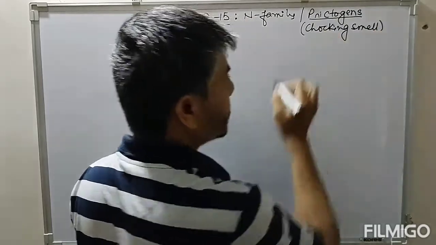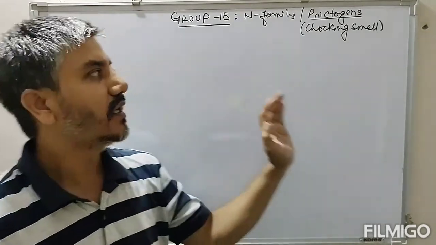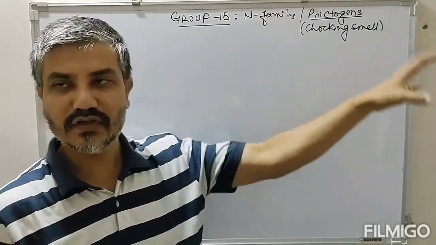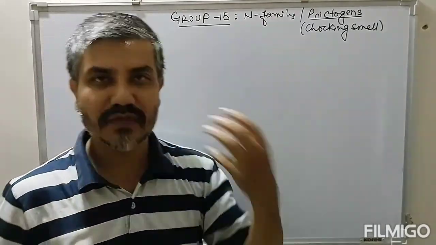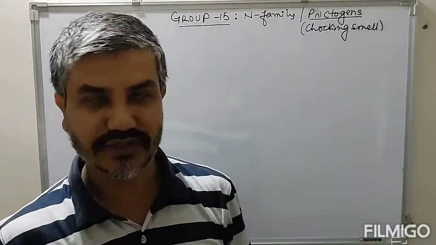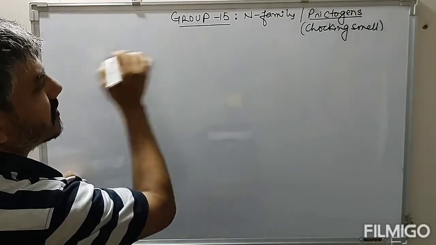Because of that choking smell of the hydrides of these group 15, they are also collectively known as nitrogens. Nitrogen family, because the first member of this family is nitrogen. So we have these elements.